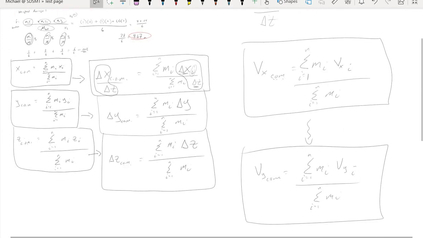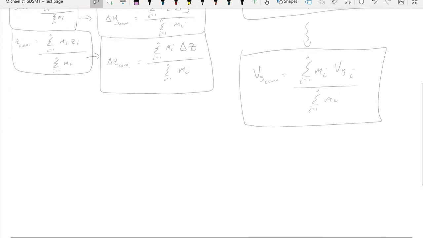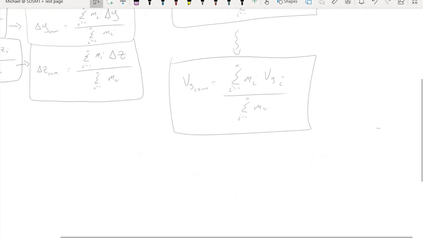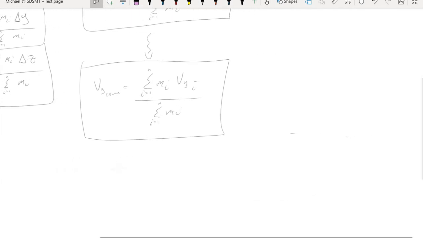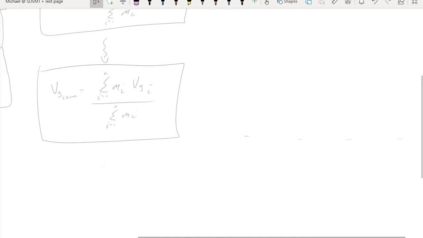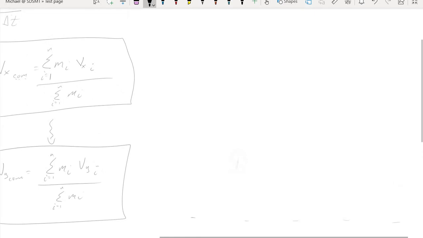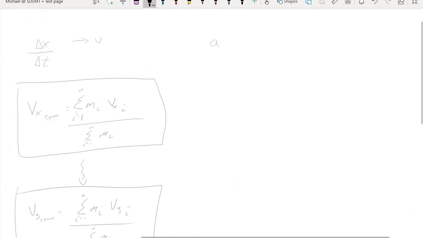But then what comes after velocity? Well, after velocity comes acceleration. Next comes acceleration.